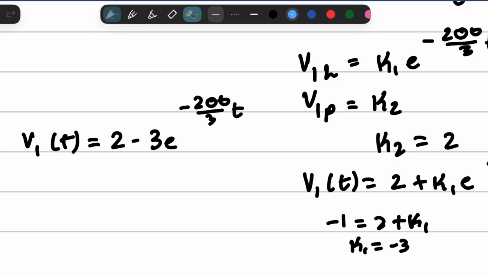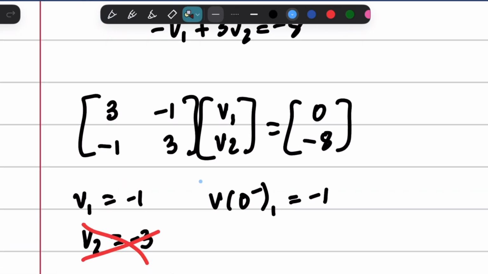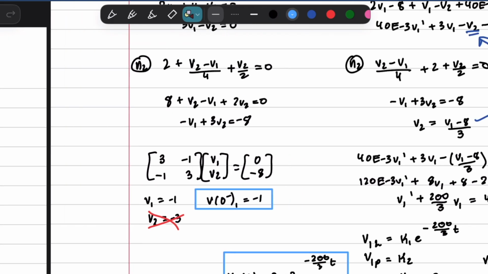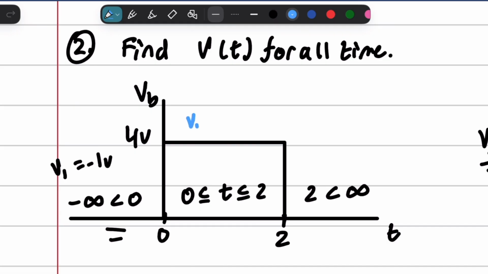Just like that. This is one part of our solution, because we're asked to graph for all time. So we've successfully found V1 in this little portion of time, and that is 2 minus 3e to the negative 200 over 3t.